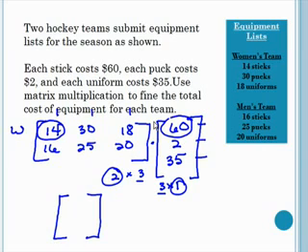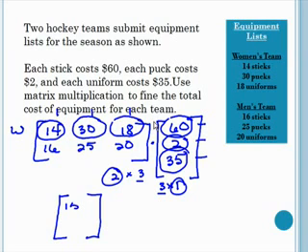And then we add the cost for the pucks. We have 30 pucks at $2 each, and we have 18 uniforms at $35 each. So when you multiply those together, then you simply add those, and you end up with $1,530. So you see how that works?